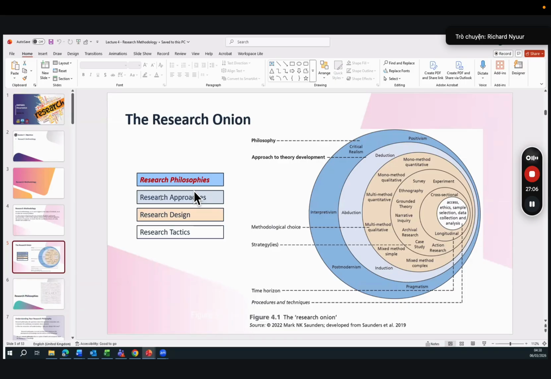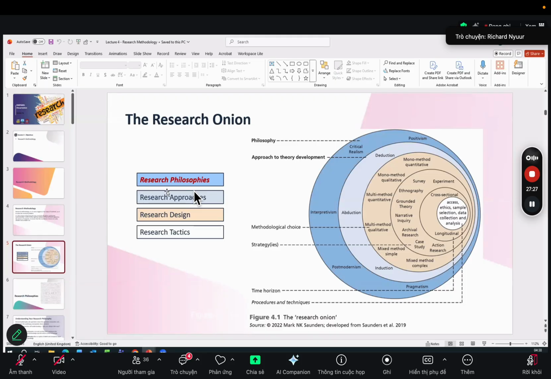And then in terms of the research tactics, also research design, you're looking at case study and so on and so forth. And then the tactics, you're looking at things like surveys and so on and so forth.